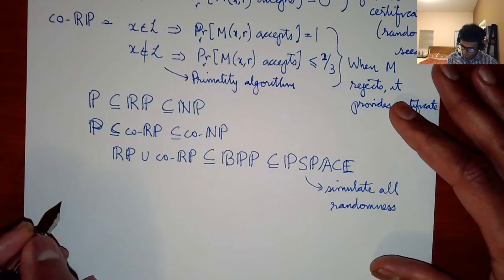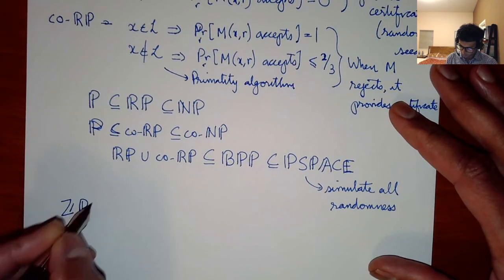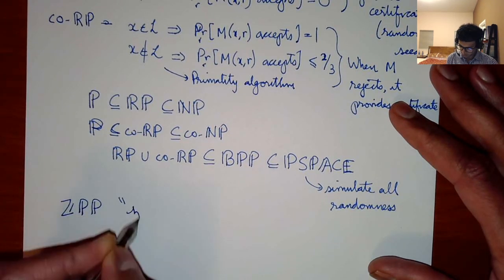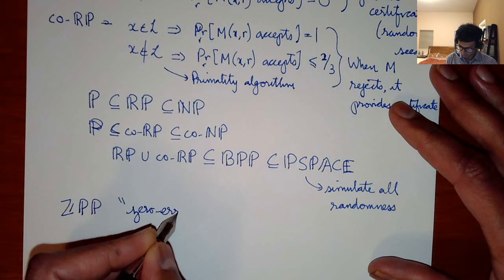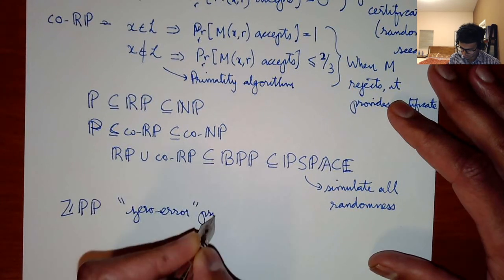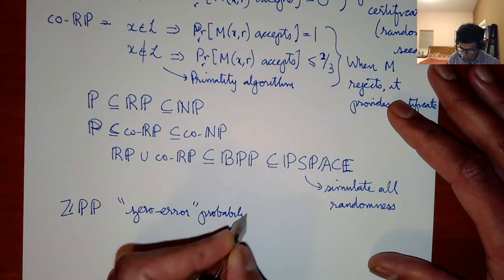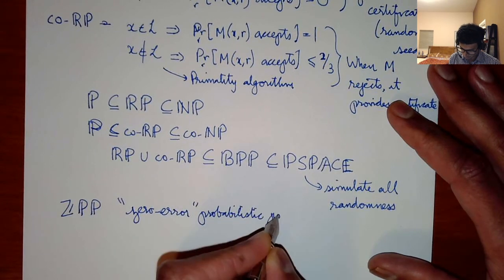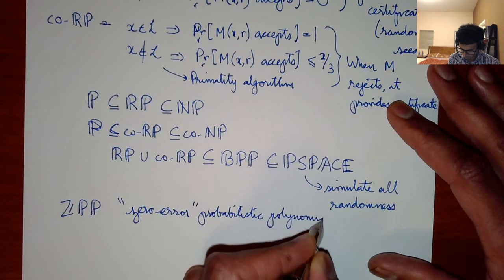Now I'm going to define something called ZPP, which is actually called zero error probabilistic polynomial time.